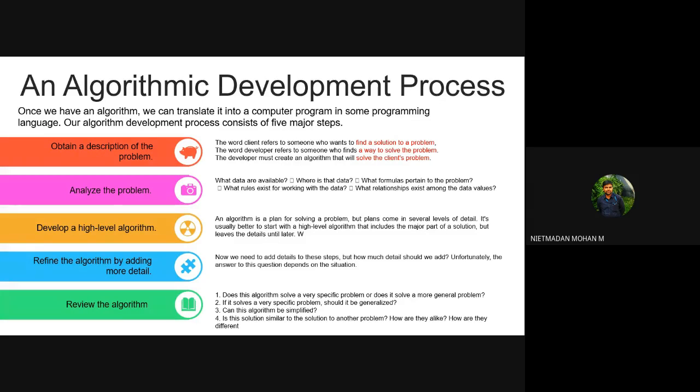And obtaining the description of the problem consists of 3 parts: first, find the solution; second, find out the way of solving the problem; and third, solve the problem. So these are the 3 parts. I will give you an example. Any doubts?